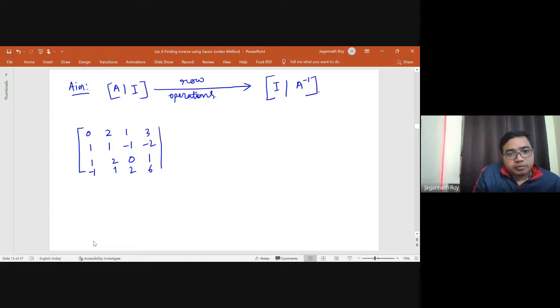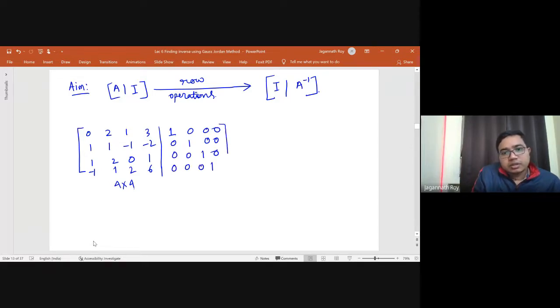Since this is a 4 by 4 matrix, we include an identity matrix of order 4: 1, 0, 0, 0; 0, 1, 0, 0; then 0, 0, 1, 0; and then 0, 0, 0, 1. So that's what we have.